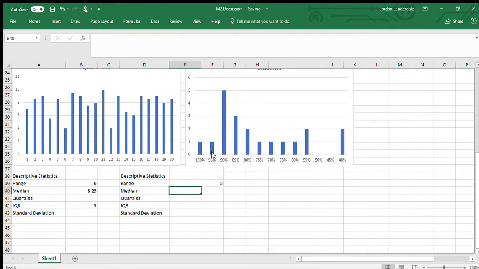We have 1, 2, 3, 4, 5, 6, 7, 8, 9, 10. So you see one half of the group is going to be over here on this side, and then the other half is going to be here. So our median is going to be right in between these points at 82.5%.